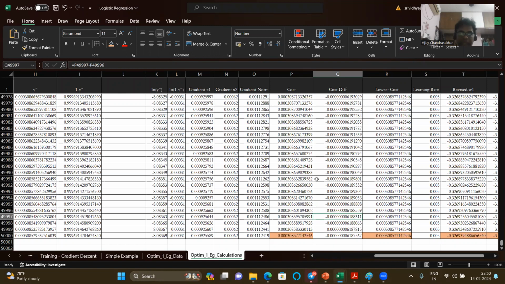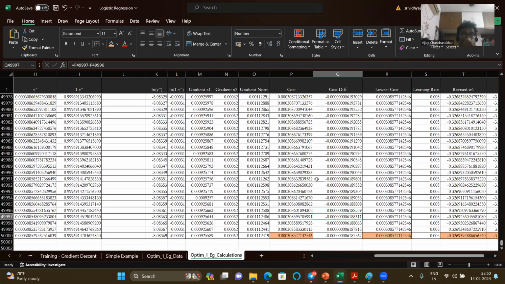You'll have some logic, right? You might say enough is enough. I'll probably look at 6 decimal places. If the cost diff is consistently less than 0.00000001, then I'll stop. That could be your stopping rule. Now, Mugundan might have another stopping rule.